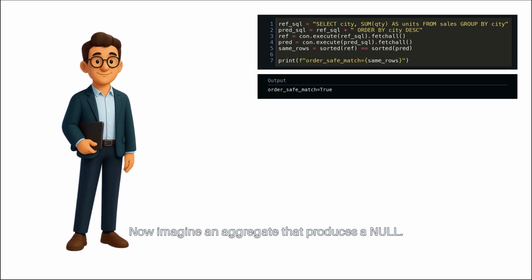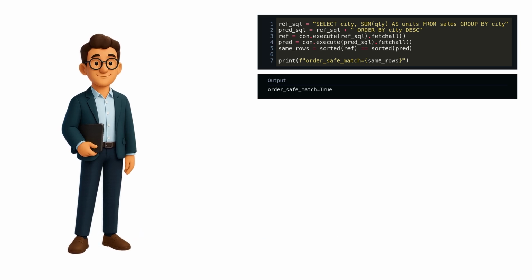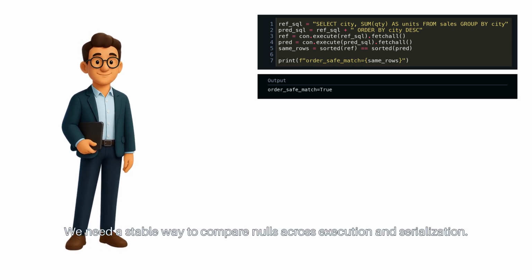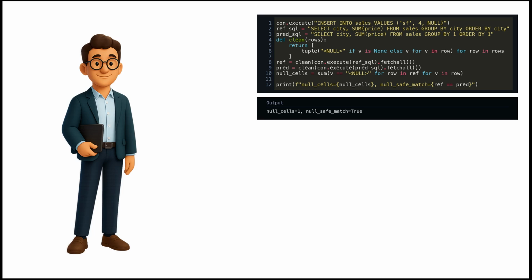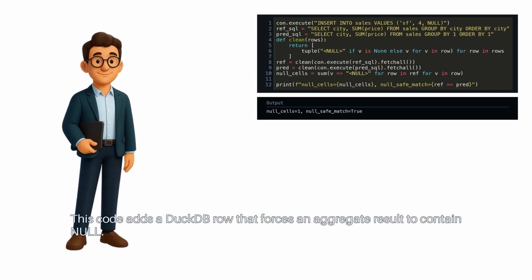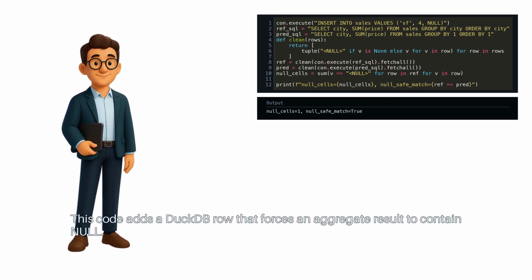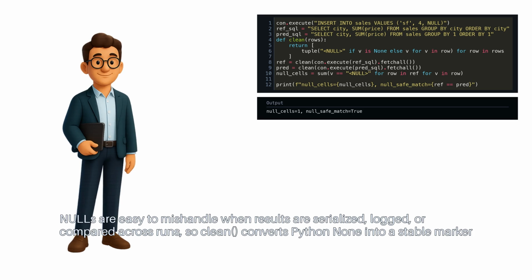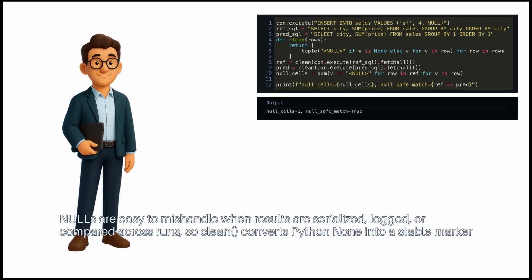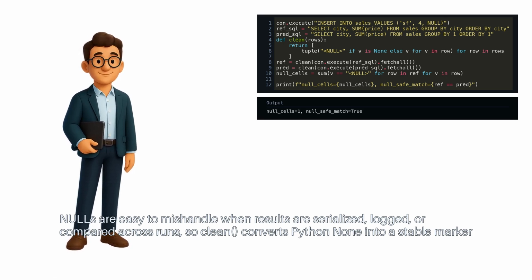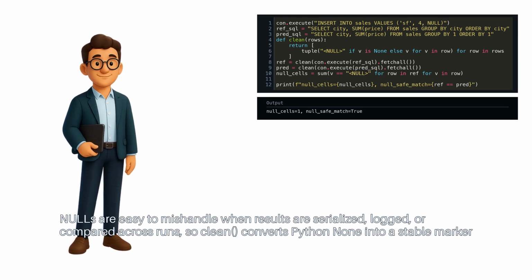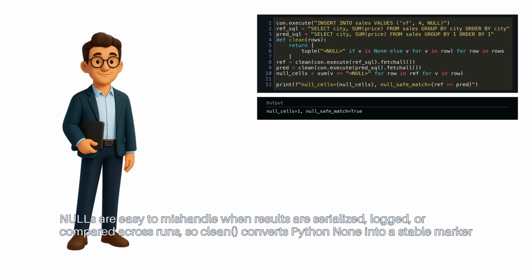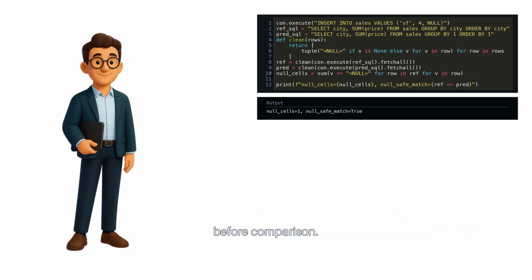Now imagine an aggregate that produces a null. We need a stable way to compare nulls across execution and serialization. This code adds a DuckDB row that forces an aggregate result to contain null. Nulls are easy to mishandle when results are serialized, logged, or compared across runs. So clean converts Python None into a stable marker before comparison.